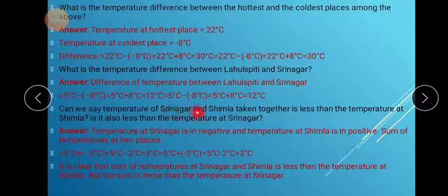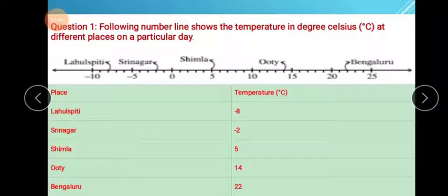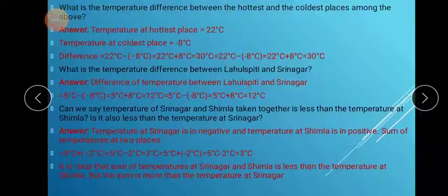So Srinagar plus Shimla we have to take. What is Srinagar? It is -2. Shimla is 5. So -2 plus 5, or we can say 5 plus -2. How much will we get? 3. And Shimla temperature is how much? It is also 5.